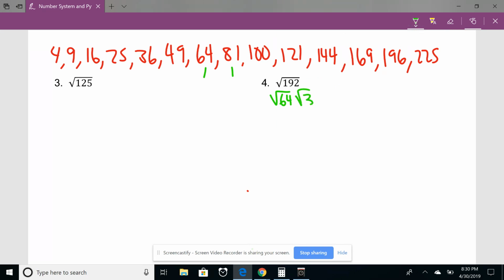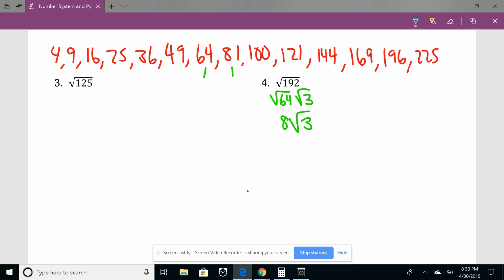So it's 64 and 3. The square root of 64 is 8. You can't simplify the square root of 3. This should be simplified all the way.